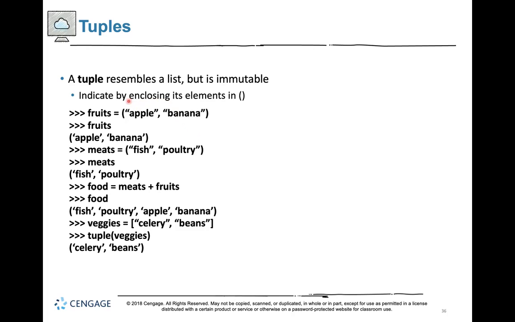And the way to make a tuple literal, to write it out as a constant, is to use the parentheses, and then you have the elements inside like this. Now, if you use the square brackets, that's the list, right? So that's the difference. Tuple is another built-in type.